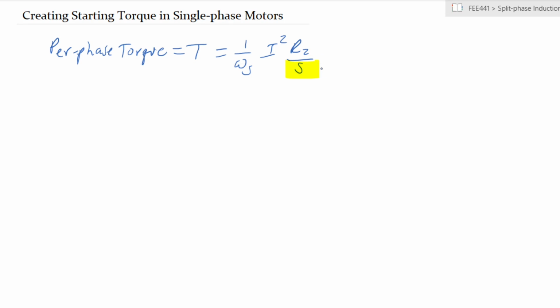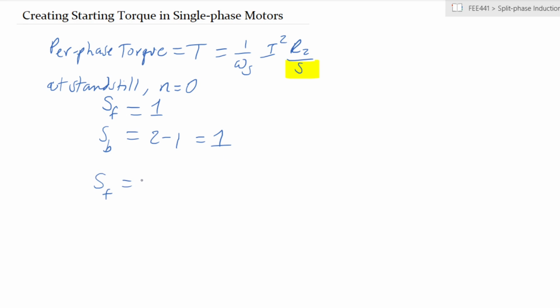Now, we mentioned with double revolving field theory that you have forward slip and you have backward slip. When speed is 0 at standstill, the forward slip is equal to 1 and the backward slip is equal to 2 minus 1, which is still 1. So forward slip and backward slip are equal to each other.